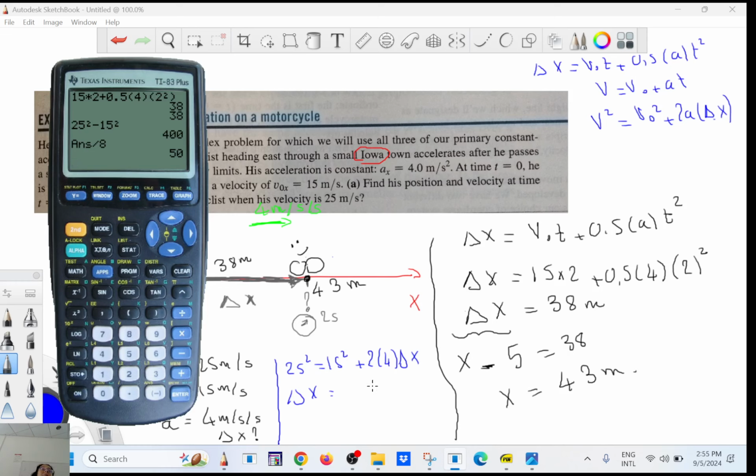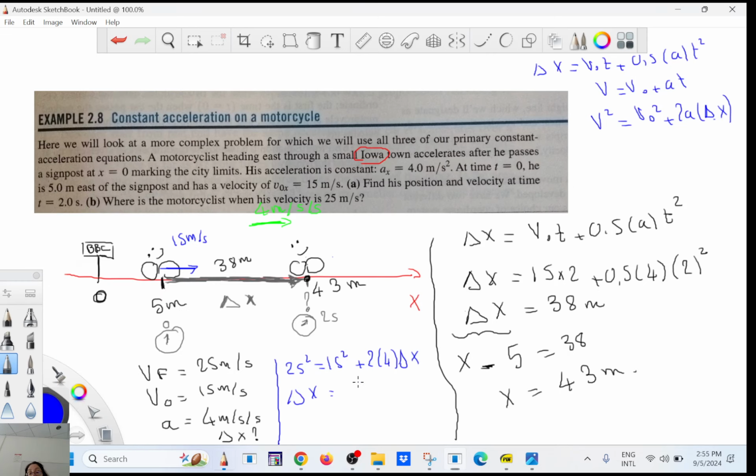This problem is a little bit more challenging. So what you get? 50. So now the displacement is 50. So it means from here, you went to 50. And the motorcycle has a speed of 25.